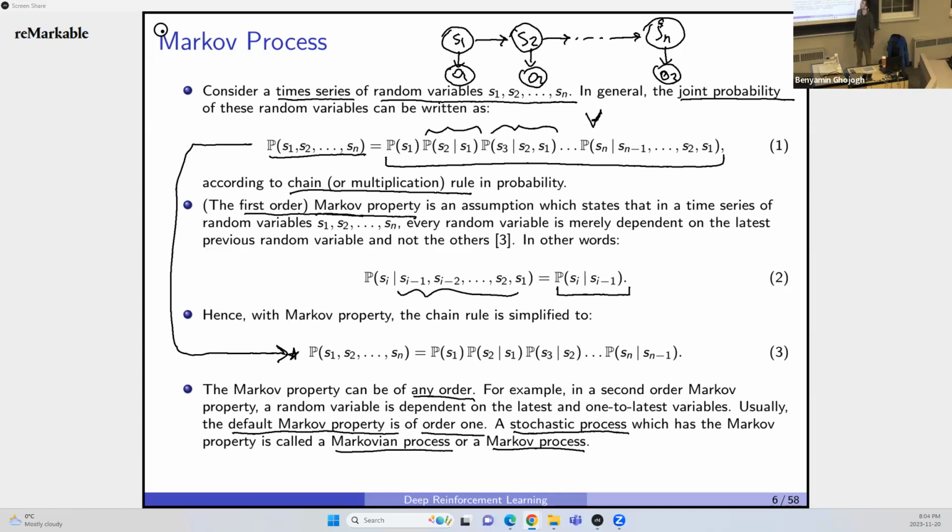Then I only see observations. I don't see the states behind them, right? So the states become hidden, or latent. Therefore, this is called hidden Markov model, or HMM. Why is it useful? It's useful for modeling time series probabilistically.